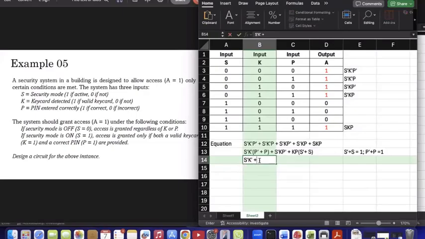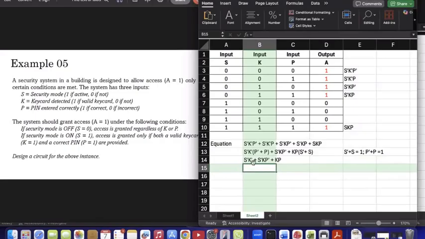S bar K bar plus S bar K P bar plus K P. Something is missing. P. Right. So S bar K P bar, no? Right. Can we minimize again? Check.